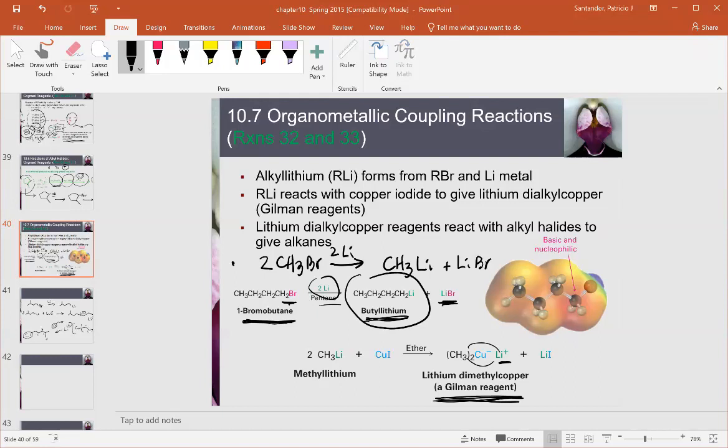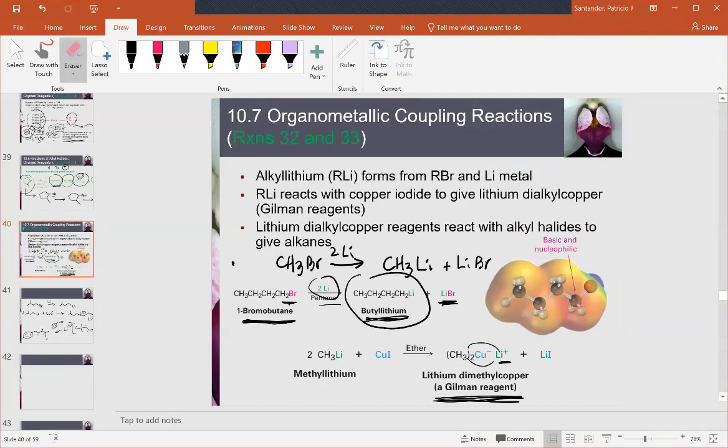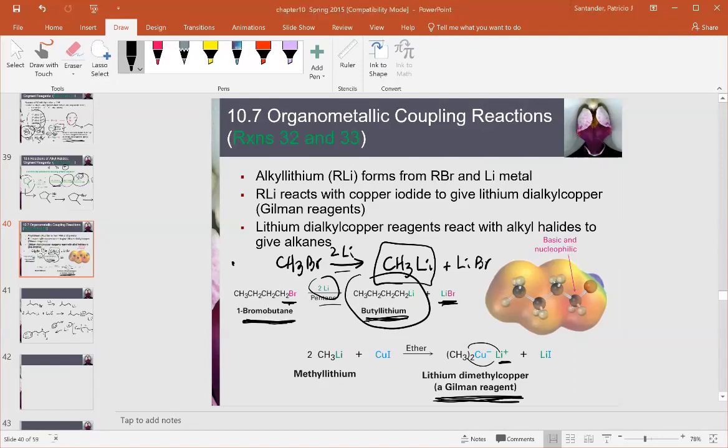Sorry, I didn't need two equivalents of the methyl bromide, just one equivalent of methyl bromide and two equivalents of lithium. And that will give me one equivalent of methyl lithium and one equivalent of lithium bromide that will precipitate.